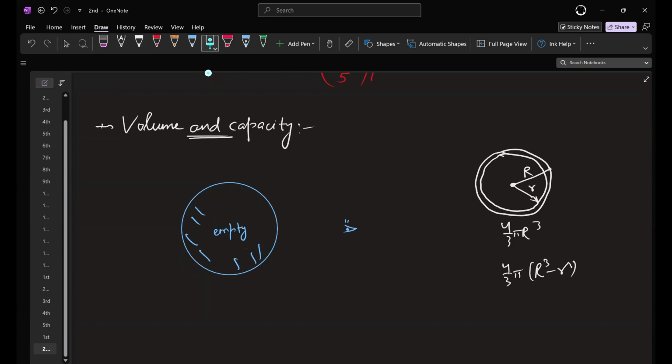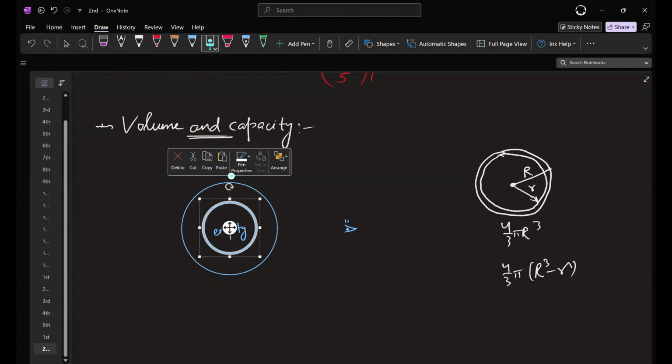Now, say for example, this empty space is empty, but this space right here is the only space in which a hole is there through which we can pour water.